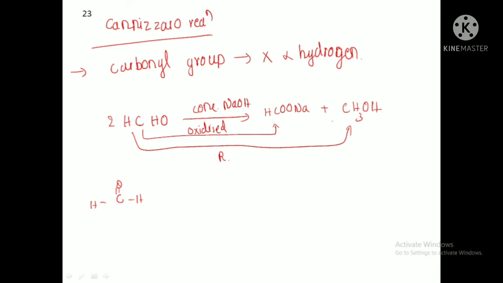Reduction of the aldehyde will give alcohol, CH3OH. You will get two different products in the Cannizzaro reaction. A carbonyl compound which does not contain alpha hydrogen, in the presence of concentrated NaOH, will undergo a disproportionation reaction. One will form the sodium salt of carboxylic acid, or potassium salt if you use KOH, and on reduction it will form alcohol. Hope you understood this Cannizzaro reaction.